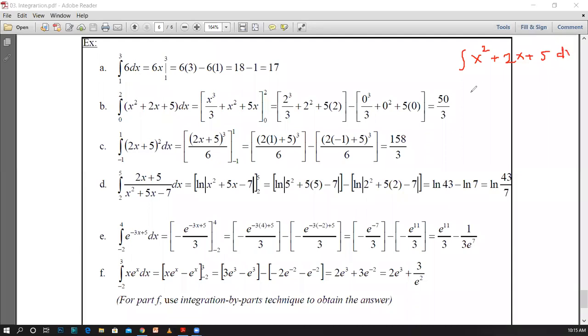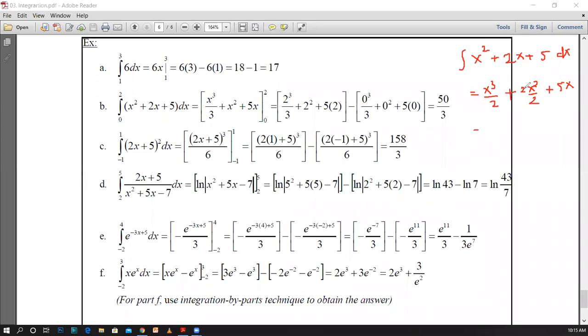Then you will get x cubed divided by 3, then 2 times x squared divided by 2, then plus 5 times x. I integrated the terms separately, then I can obtain this quantity.